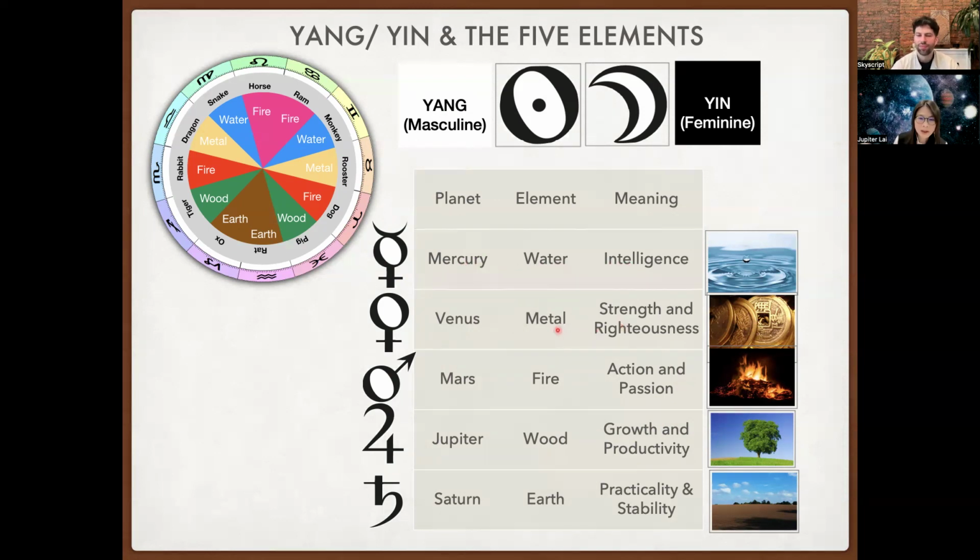The element of metal corresponds to Venus, and it is about strength and righteousness. The element fire is Mars, and it's about action and passion. Wood corresponds to Jupiter, and this is growth and productivity. Earth, Saturn, is practicality and stability. So we have five elements in Chinese astrology, but only four in Western astrology.